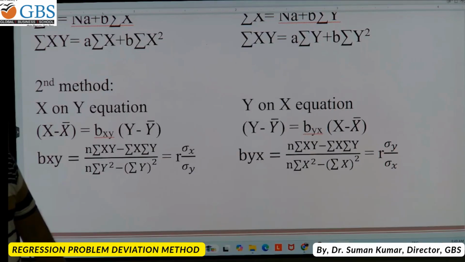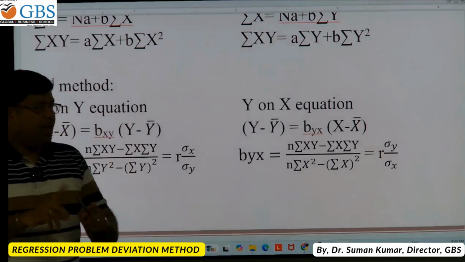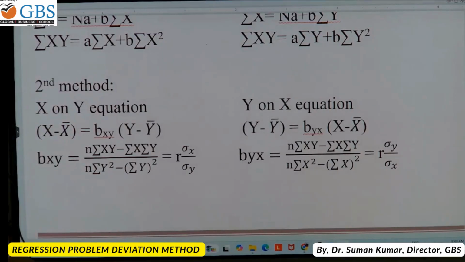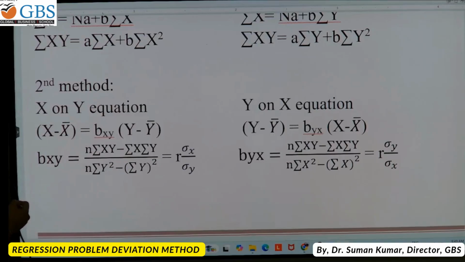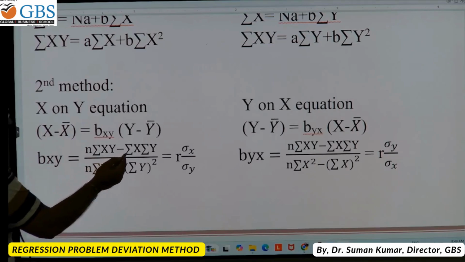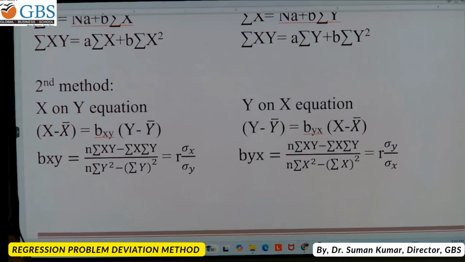Simple. One more formula for correlation I am going to give you. You should write it and make a box. Now before that, how to write bxy? Can you understand what the numerator is? Is it the same as the Karl Pearson coefficient of correlation? N into summation xy minus summation x into summation y, divided by, what is missing in this?